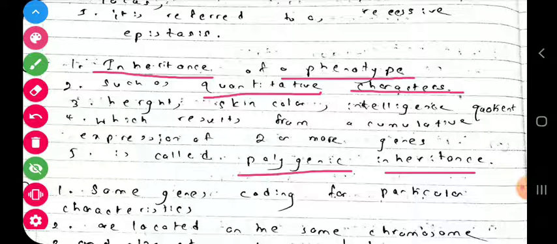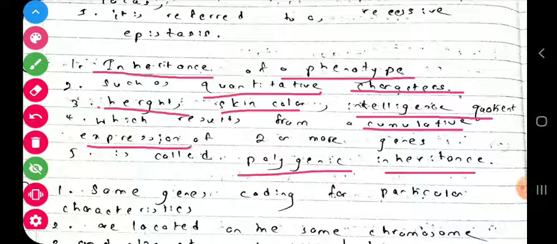What are those quantitative characters? Height, you can measure them, right? The height, you can measure the height. The skin color, intelligence quotient, which results from a cumulative expression, cumulative means combined expression, of two or more genes.